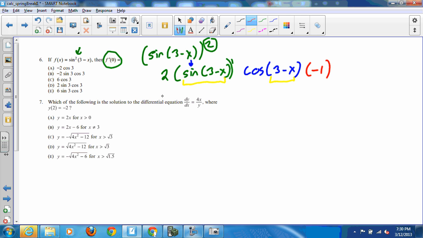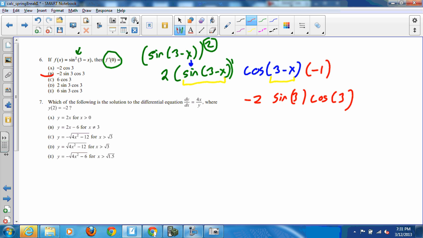So, looking at this, we have a negative 1 times 2, so we have negative 2. Now, we can go ahead and plug in our 0. So we have the sine of 3 minus 0, which we don't know how to evaluate, and the cosine of 3. So, looks like it's going to be A.